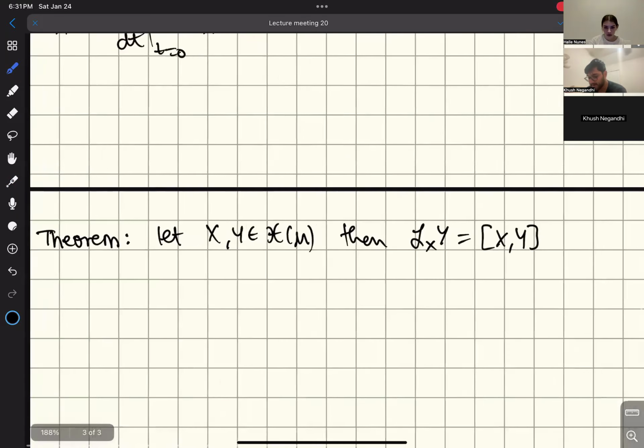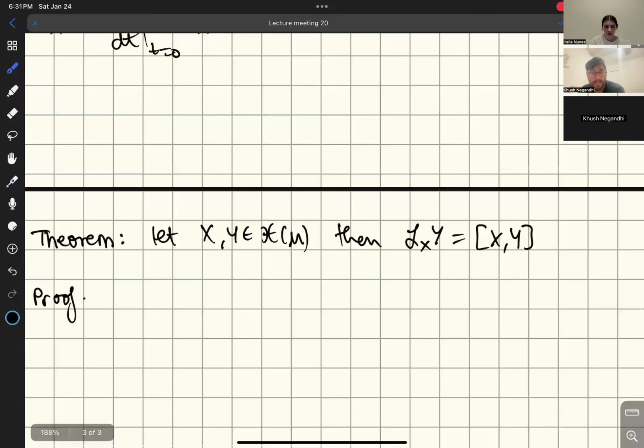Proof. What we're going to do is just take derivatives of things and see that both of these give us something.